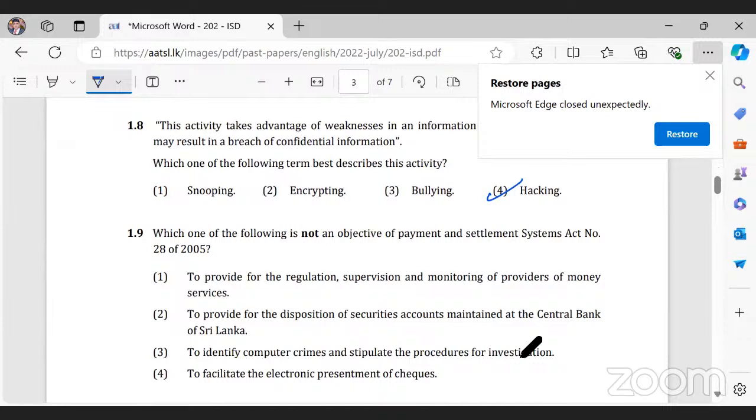Which one of the following is not an objective of the Payment and Settlement System Act No. 28 of 2005?